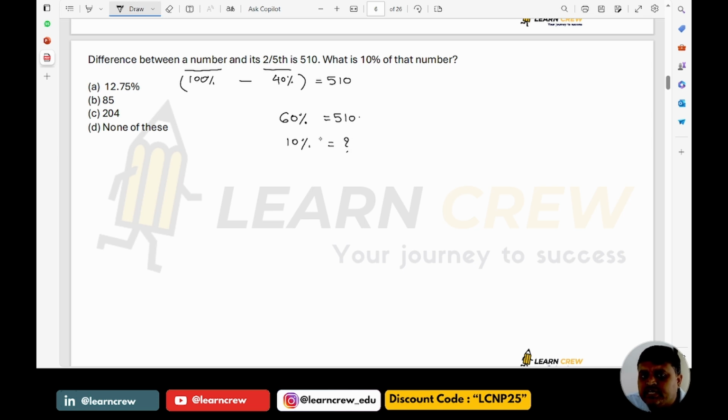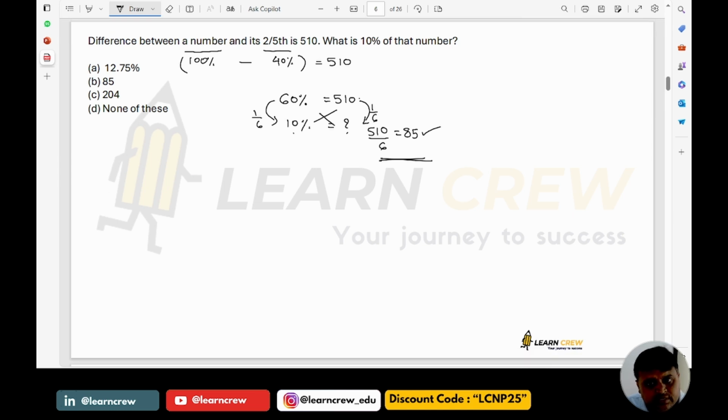You can do cross multiplication, or you can compare here. See, 10 is 1/6 of 60. So this resultant value should also be 1/6 of 510, which is 85. So the answer is 85.